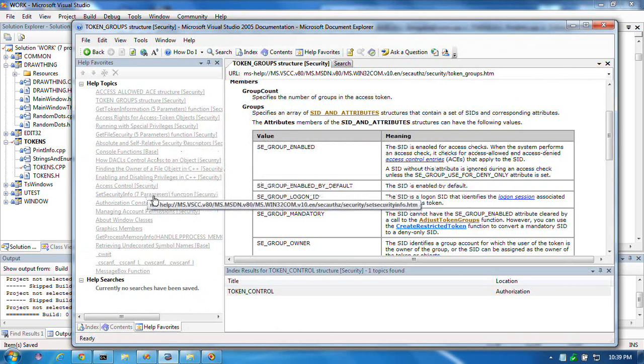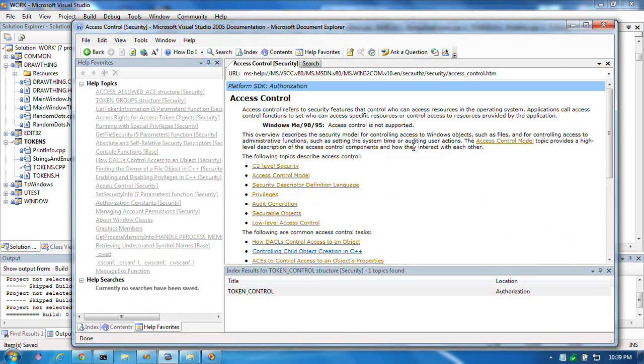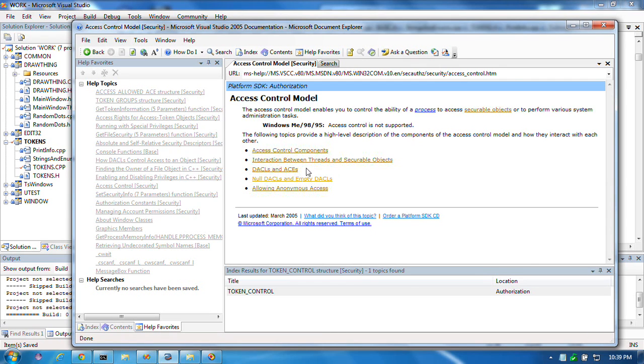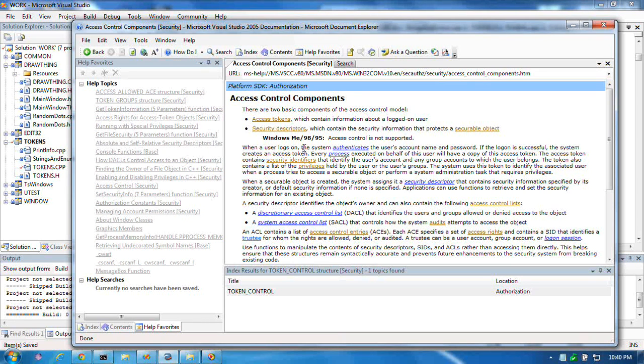It's not very much, but I went to this main page and clicked on this. Now I figured, that's funny, I've never clicked this, but anyway, access control components. I know that token, whatever it is, is one of those components.